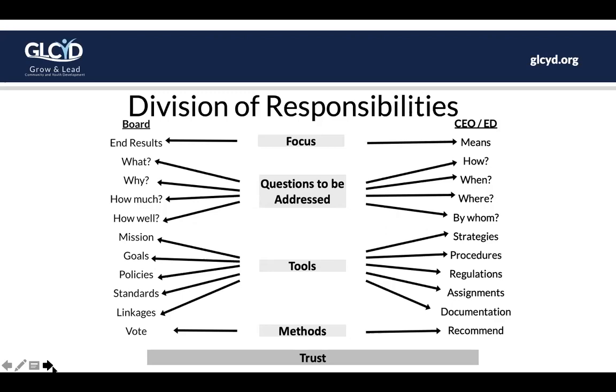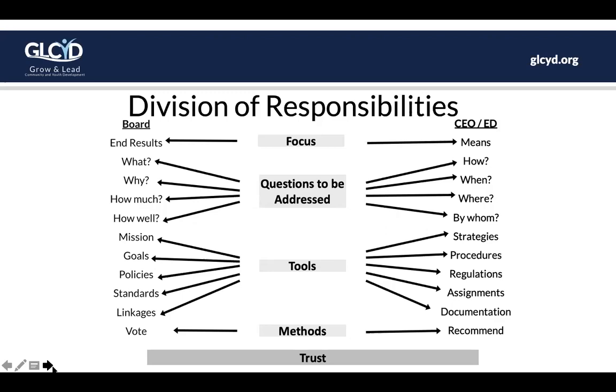We're looking at the means of achieving that vision. How, when, where, who is doing it? What are the strategies, the assignments? Is it documented? And for large decisions, staff makes recommendations to the board, right?